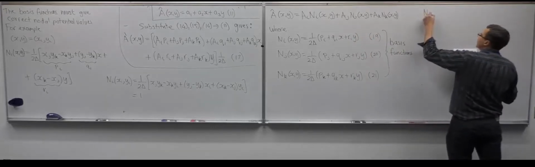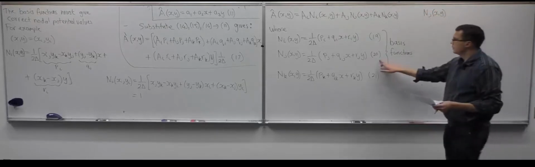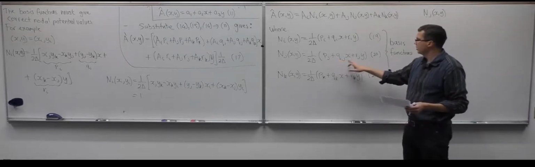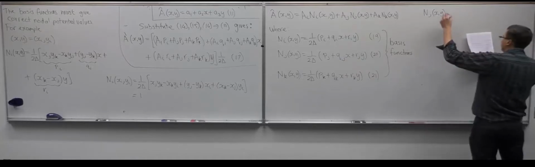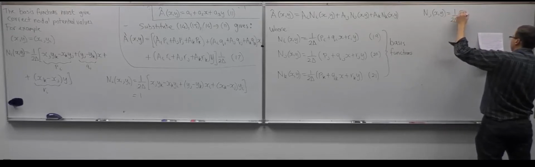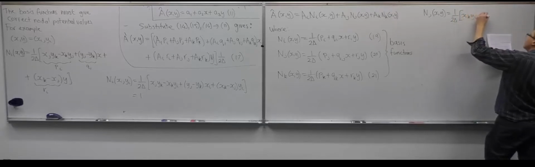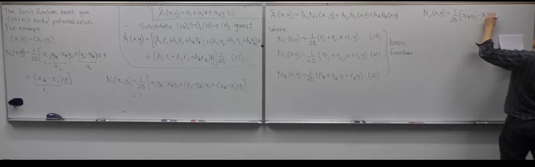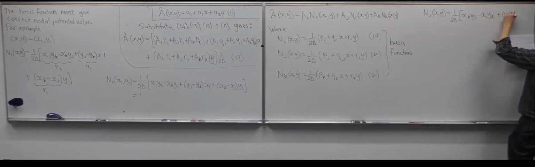So Nj is given by this, and we can expand out pj, qj, and rj. So let's just take the time to do that. So Nj is equal to 1 over 2 delta times (xk yi minus xi yk) plus (yk minus yi) x.